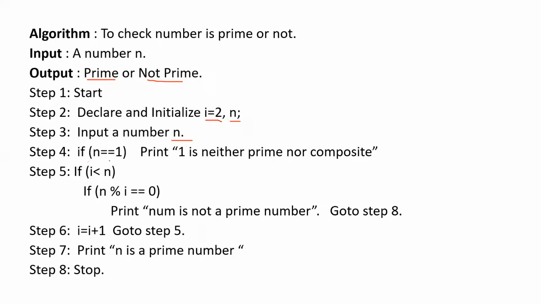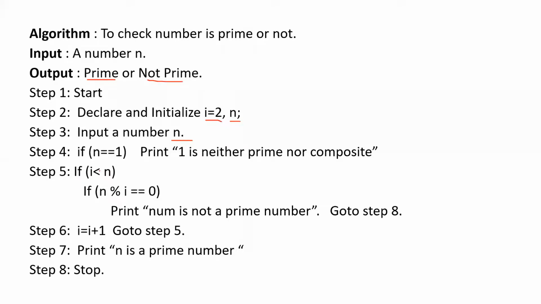Okay. So if n equal to 1, as I told, 1 is neither prime nor composite. So we are checking if n is equal to 1, then we are just messaging that we are not doing any of the mod or no checking. We know that 1 is neither prime nor composite. Otherwise, we are moving on to the next step. As I told, we will be checking in each step whether I value is less than n.